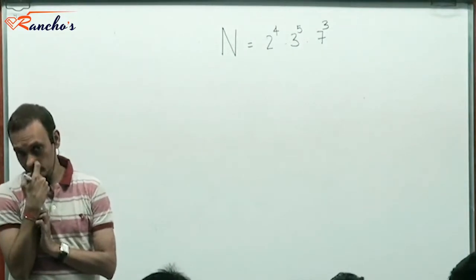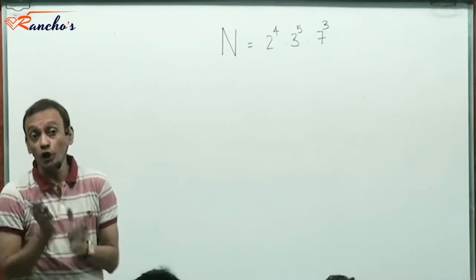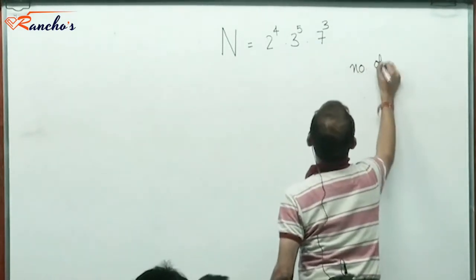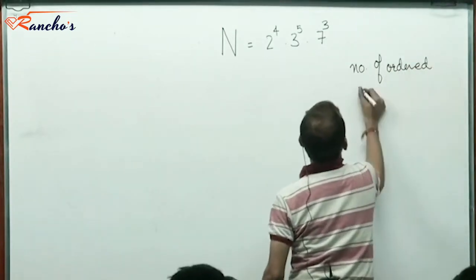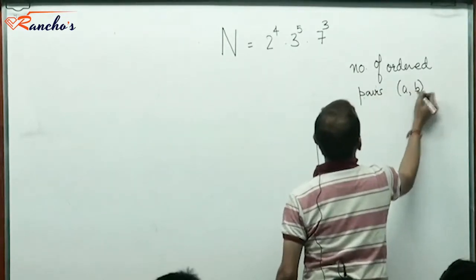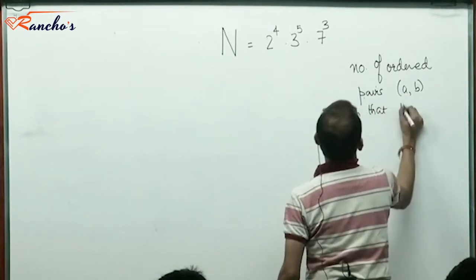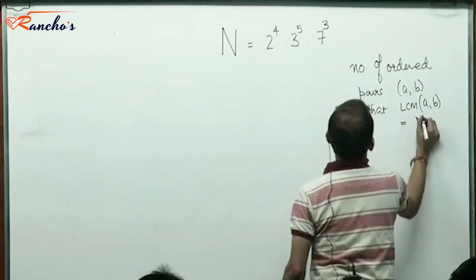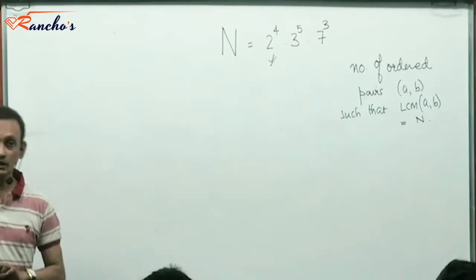All right. I want to find the number of ordered pairs a and b such that the LCM of a and b is n. This number n. All right. Clear?